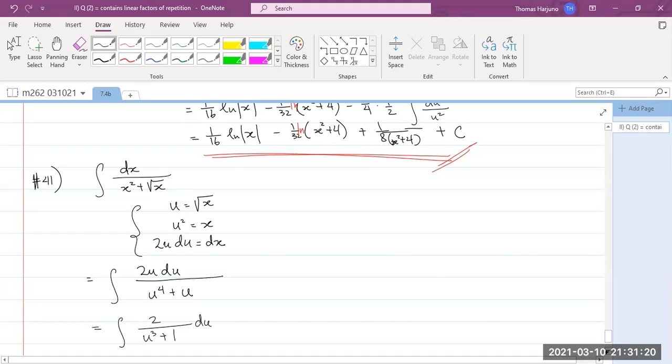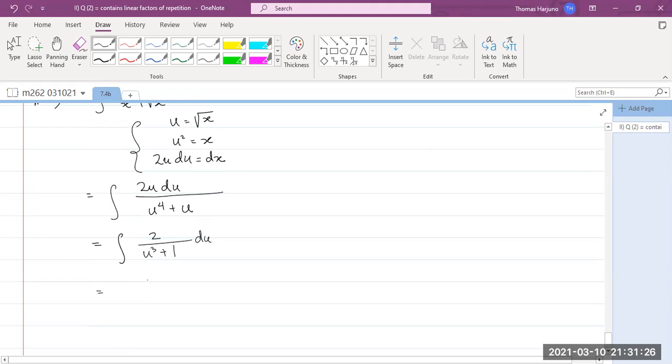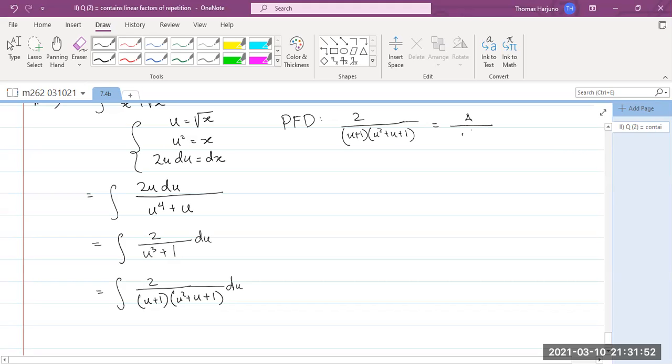Okay. The thing is, what is u cubed plus 1 when you factor it? That's a sum of cubes, right? Now let's do the partial fraction decomposition here. 2 over (u plus 1)(u squared plus u plus 1) equals a over u plus 1 plus (bu plus c) over u squared plus u plus 1.